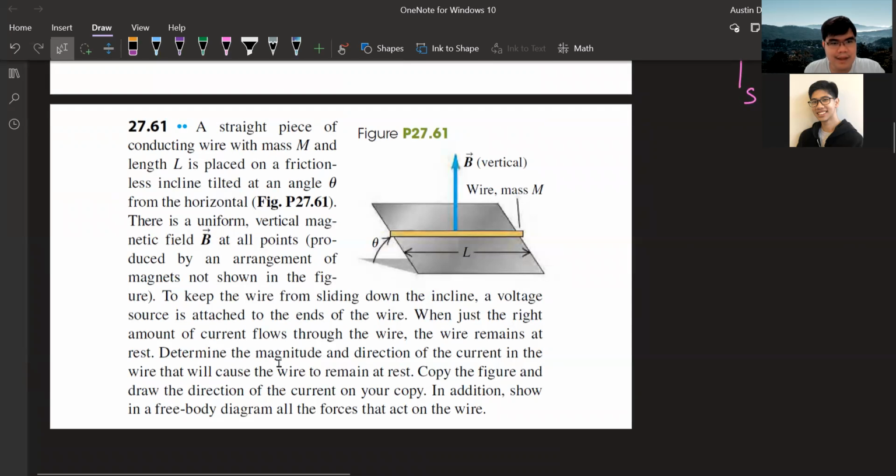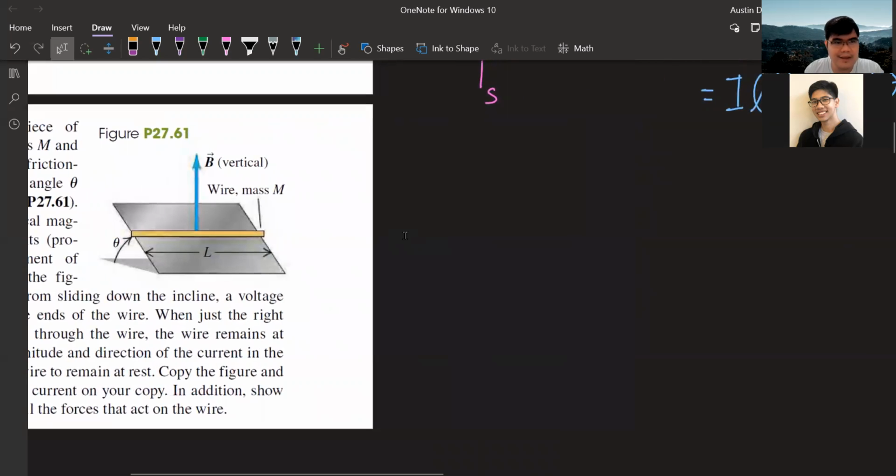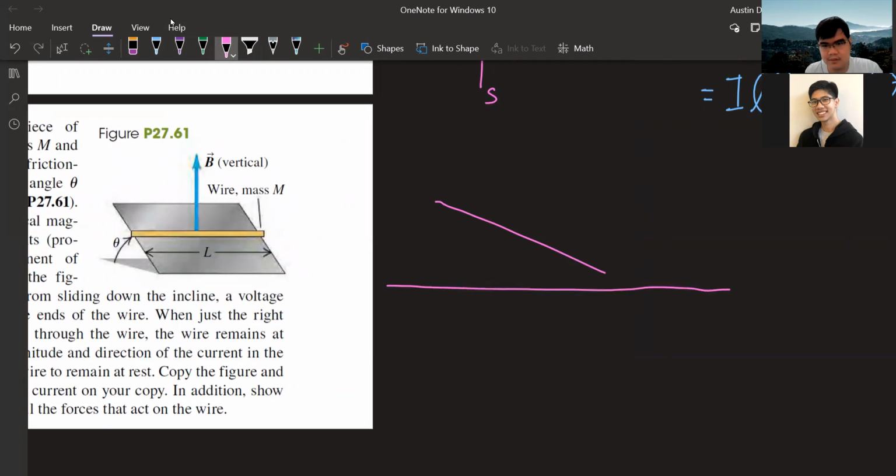Okay. Next is meron tayong rod dito, conducting wire na nakalagay doon sa isang inclined plane. Okay, tilted by an angle theta. Okay, kung side view titingnan natin. Side view.